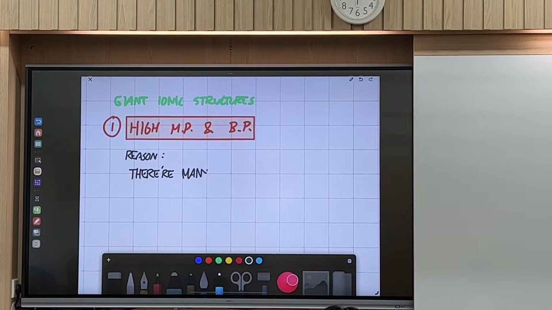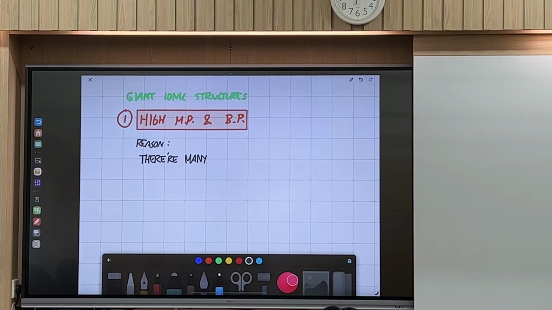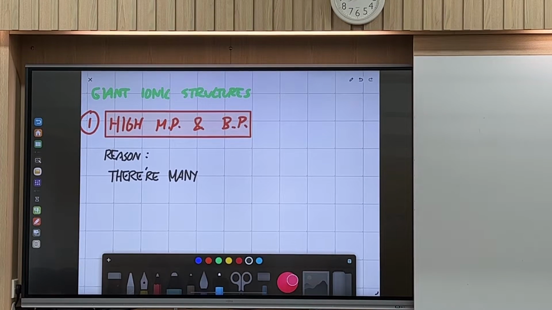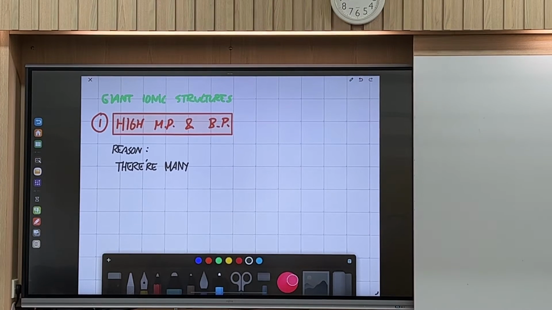You may want to put this on your notebook, and later you can draw a diagram on the worksheet. So there are many strong ionic bonds holding the cations and anions together.